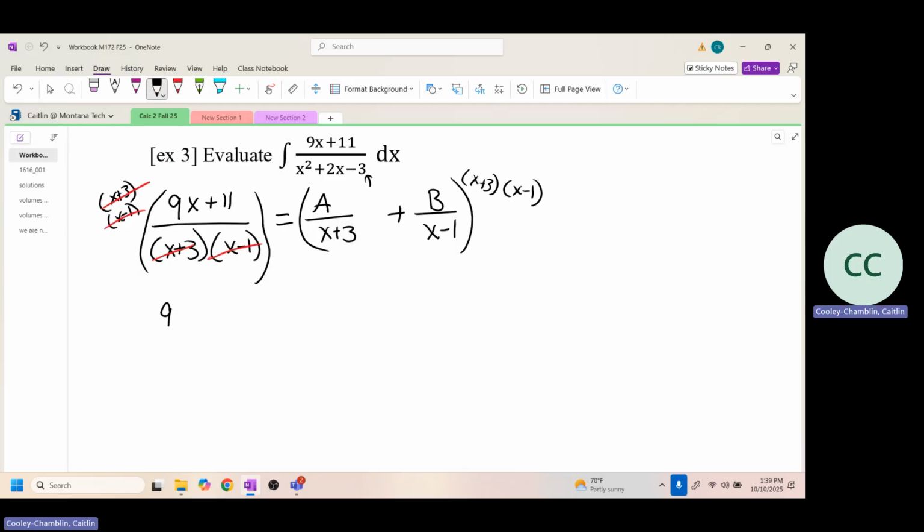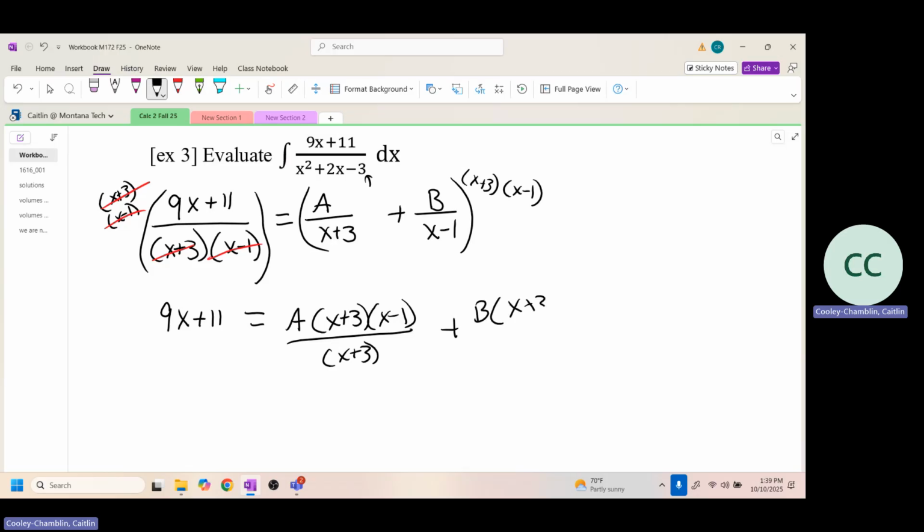So I have 9x plus 11 equals A times x plus 3, x minus 1. If you can skip the step, feel free to skip this. I always have some students that if I don't write this step down, at least for a problem or two, they're lost for the whole lesson. So I do write this out.